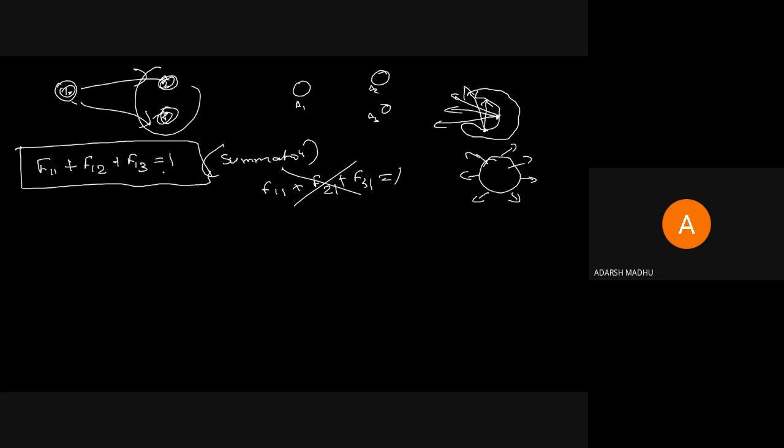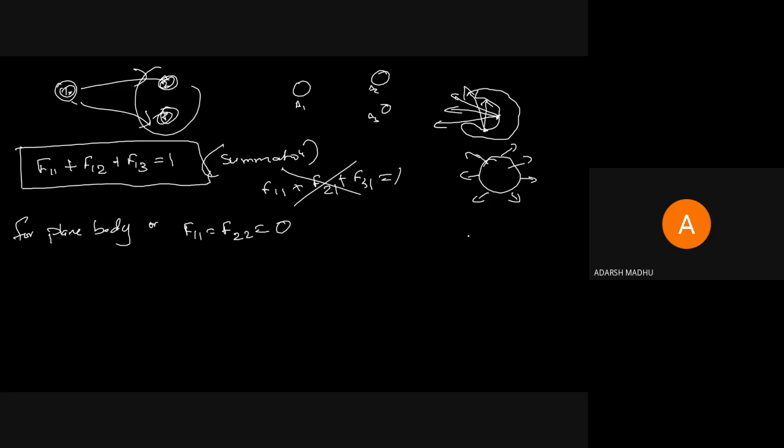And again, the next feature: for a plane body or a convex body, F11 equal to F22 equal to F33 equal to 0. That means there is no radiation from that body to that body itself.